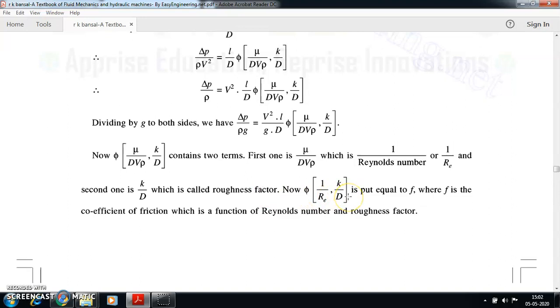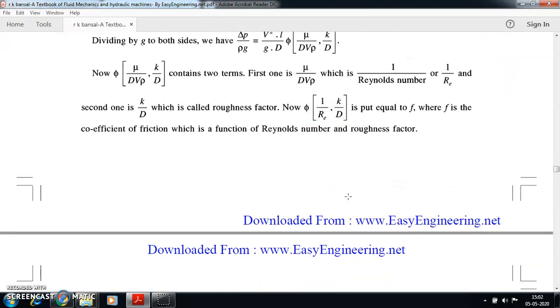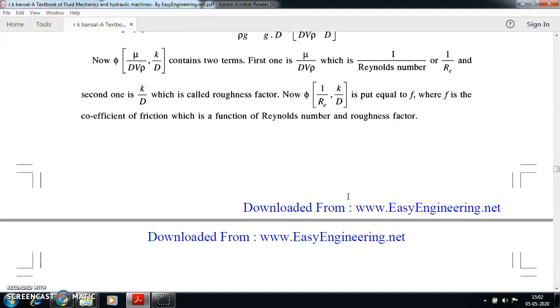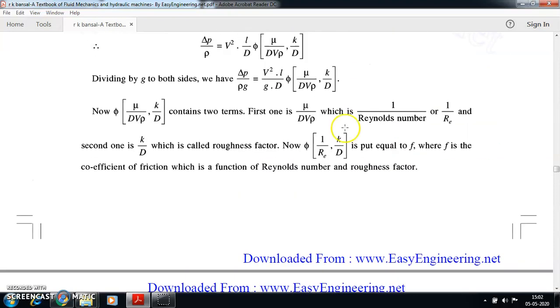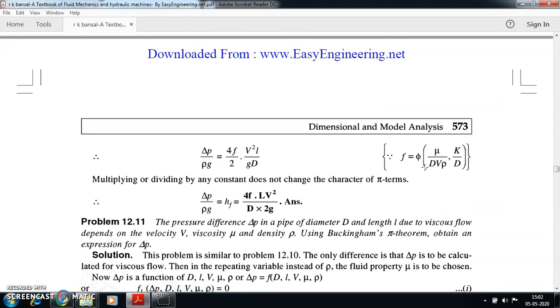We can put this equivalently as a small f, where f is the coefficient of friction, which is a function of the Reynolds number and the roughness factor. So we are writing the function of 1 divided by Reynolds number, k divided by d as a small f, which is nothing but the coefficient of friction. So all those things you put as small f. The final expression you get is delta P by rho g is 4 f L V square divided by 2 g d.